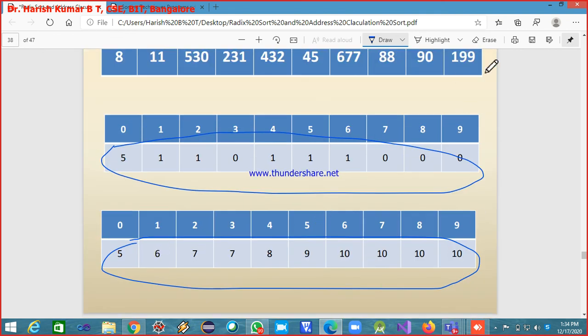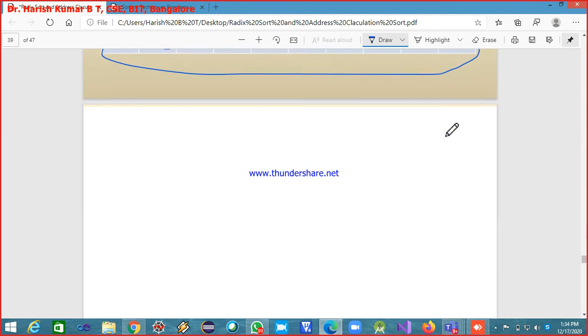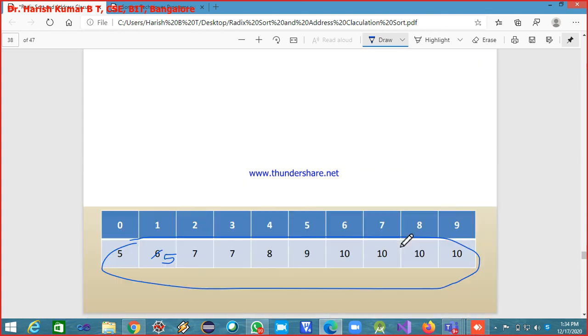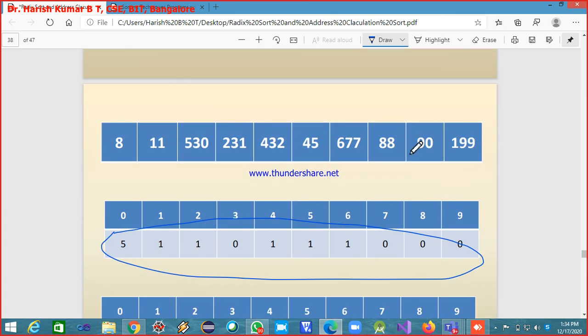See, 199 if I take, so 1 is the digit, and this is going to be decremented by 1, and it becomes 5. So now 199 will take the position 5. You can just observe here, 0, 1, 2, 3, 4, and 5. 199 has taken the position 5, and this is the correct position of 199. And next you take 0.